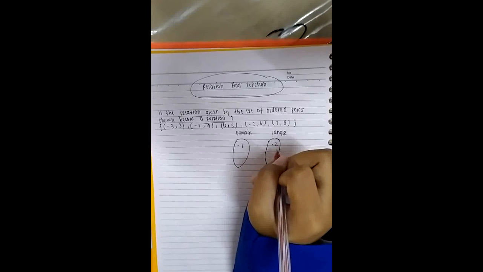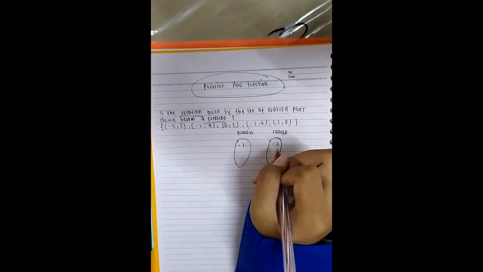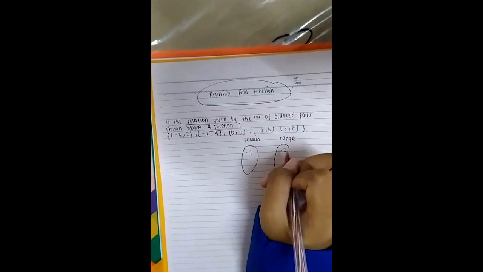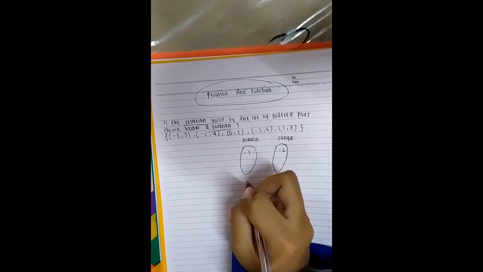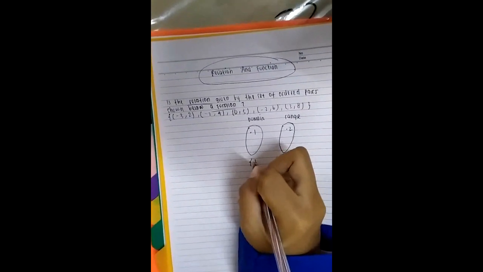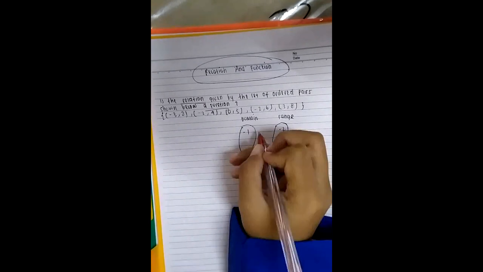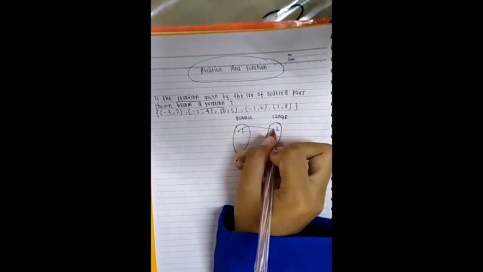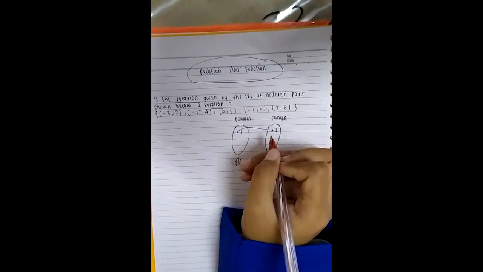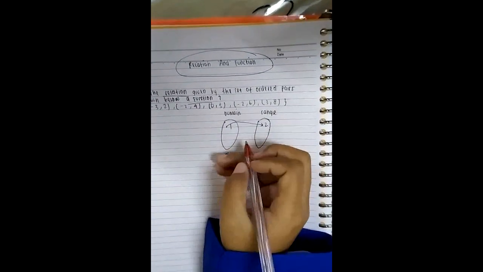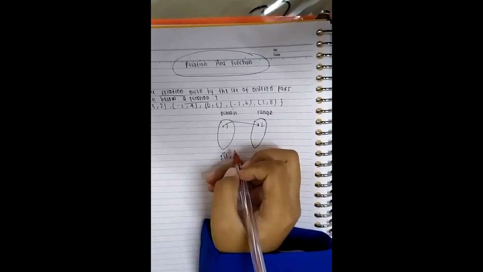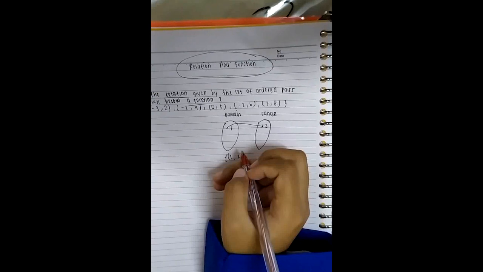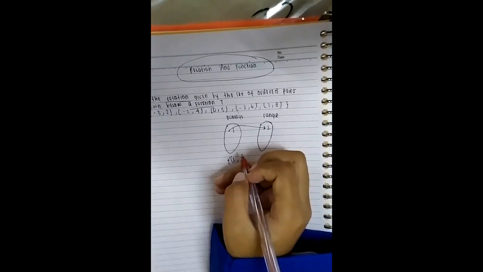In this type of notation, you would say that the relation has the ordered pair 1, 2. These are two ways of saying the same thing.